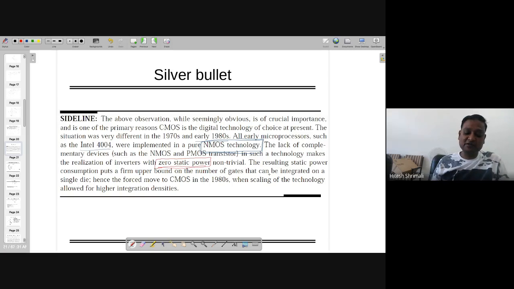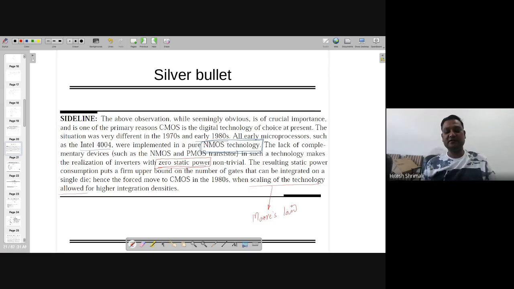Whereas in CMOS, because of the complementary devices, NMOS and PMOS, there is zero static power possibility, and this also gives us the possibility to scale the technology. Scaling the technology means I'm talking about Moore's law, which says that if the current technology is 28, next will be 21, later on 14, 7, 1, and so on.